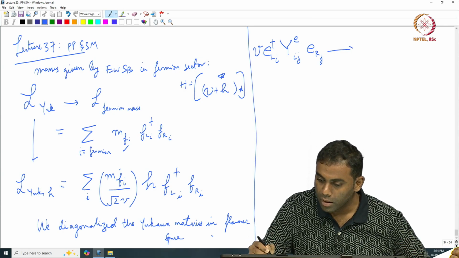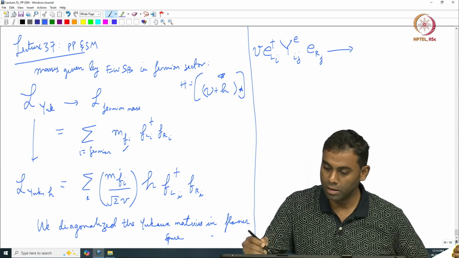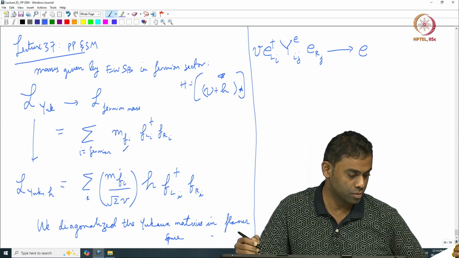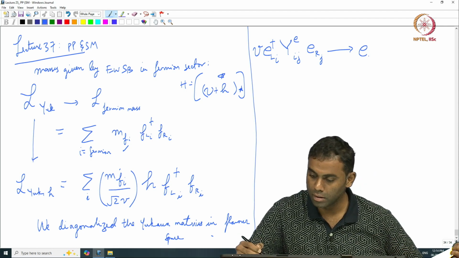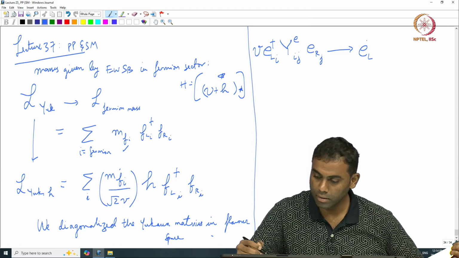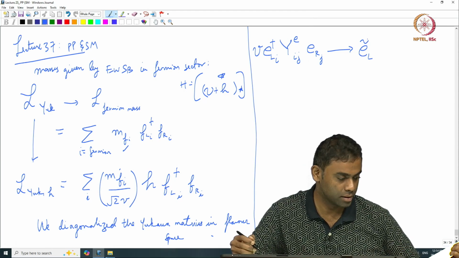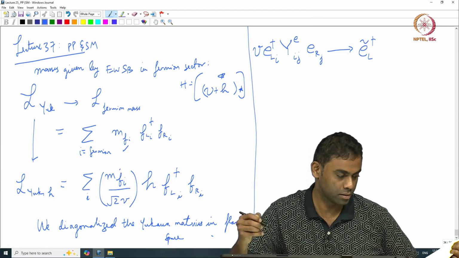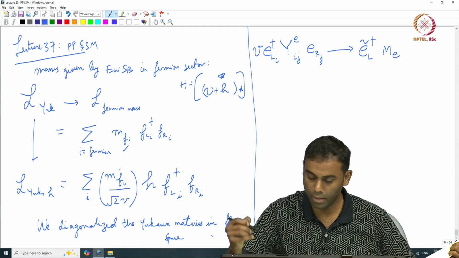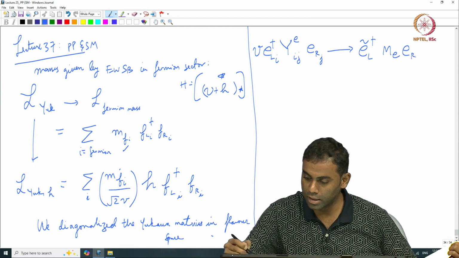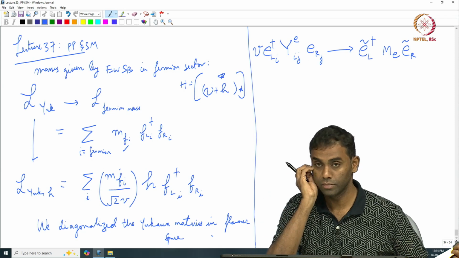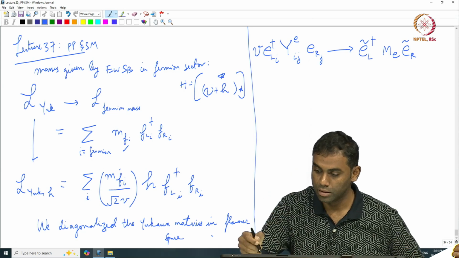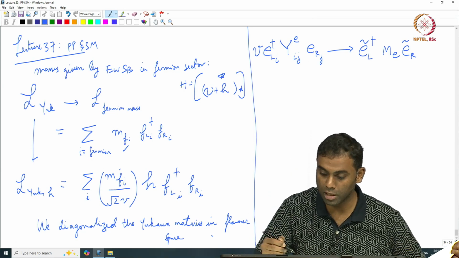So, to get the mass I had to go to a basis where I am going to write in shorthand notation a tilde to indicate that that is a column matrix. Okay. So, what is M_E? That is not a mass, it is a mass matrix actually.